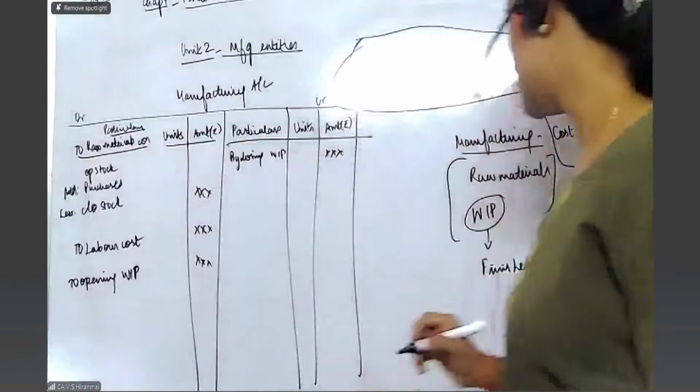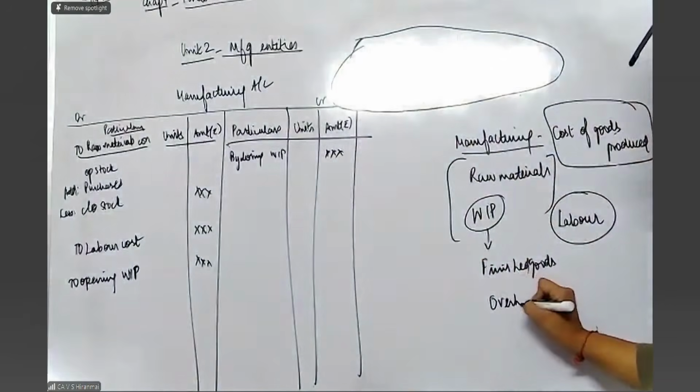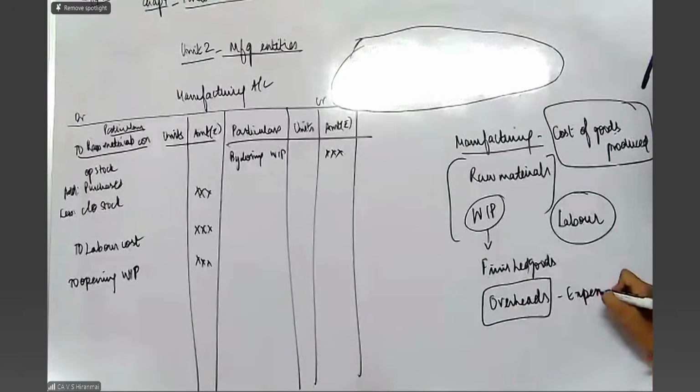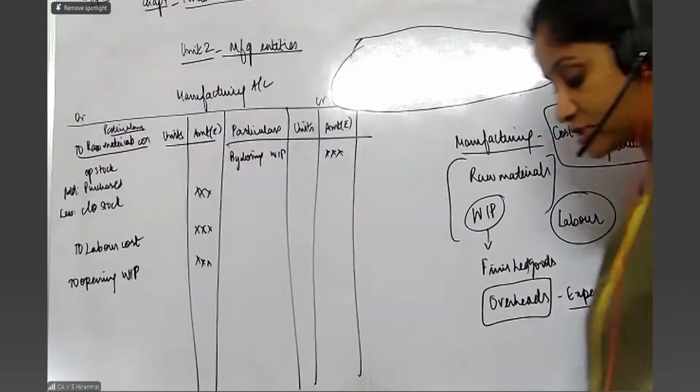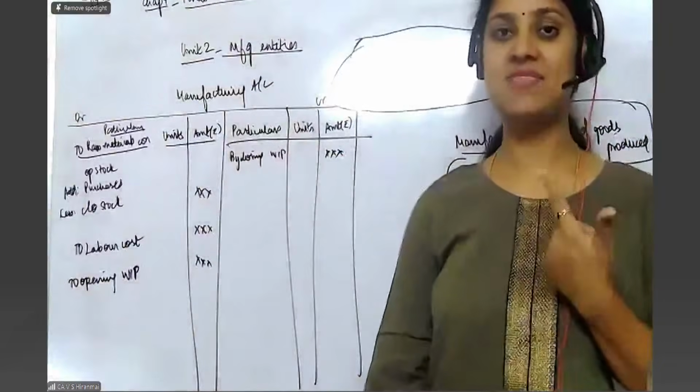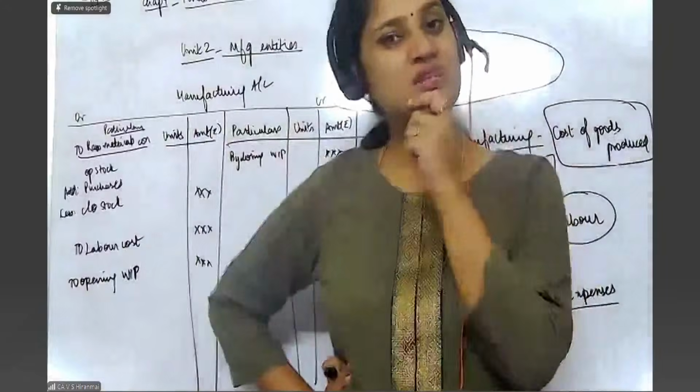Yes, there is a concept called overheads. Overheads are nothing but expenses. Okay, the other name for overheads is expenses. So, my dear students, there can be two types of overheads, indirect overheads and factory overheads. What is the difference, madam?